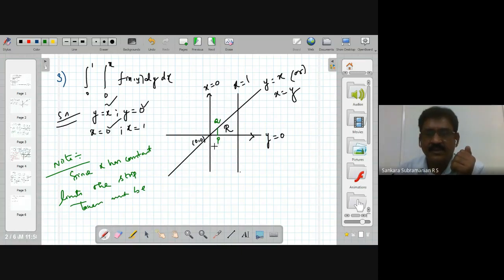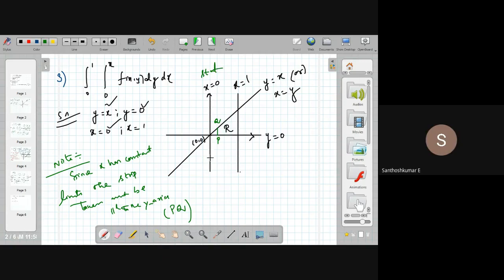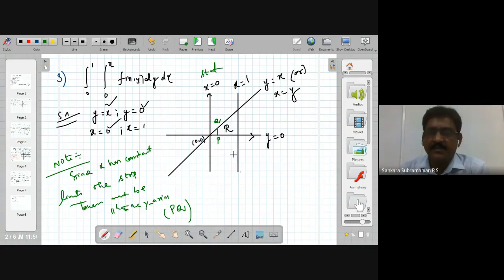because with constant limits we keep painting like this, up and down. The strip must be parallel to the y-axis. Different books take it differently. I have taken PQ here. So what does PQ actually do? It starts painting from x equal to 0, painting to cover the region R, and ends at x is equal to 1.